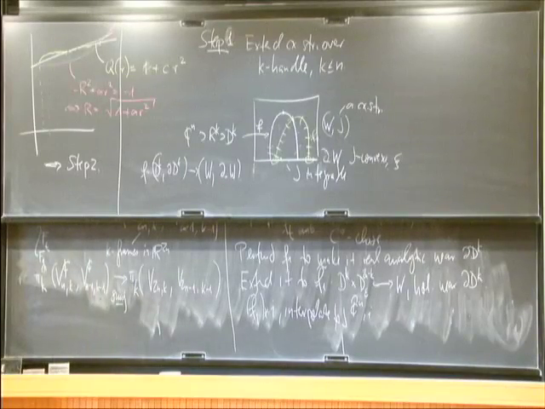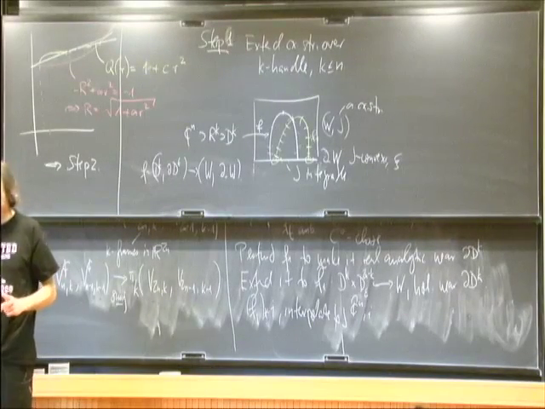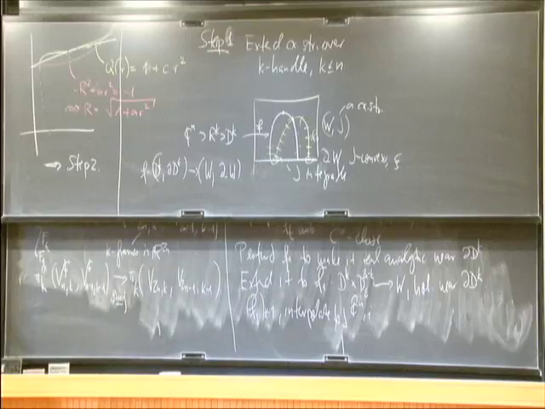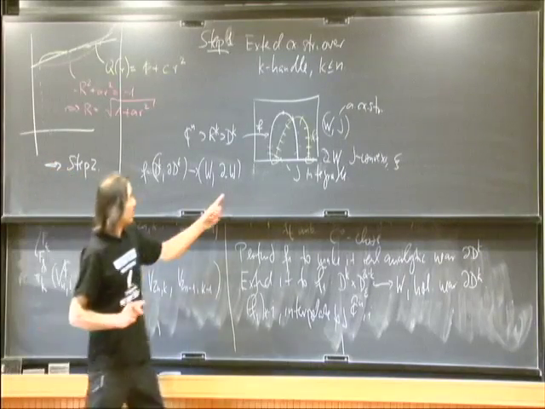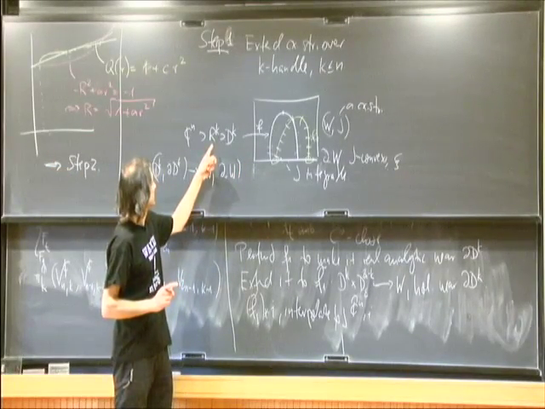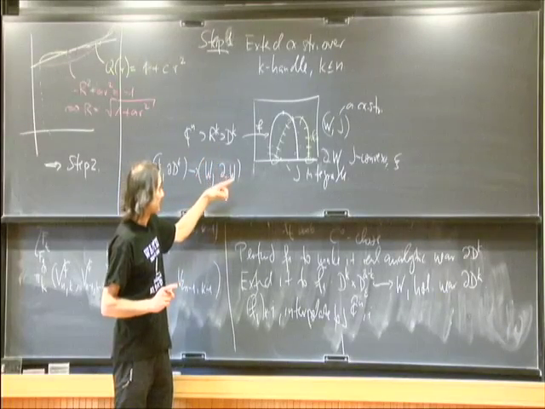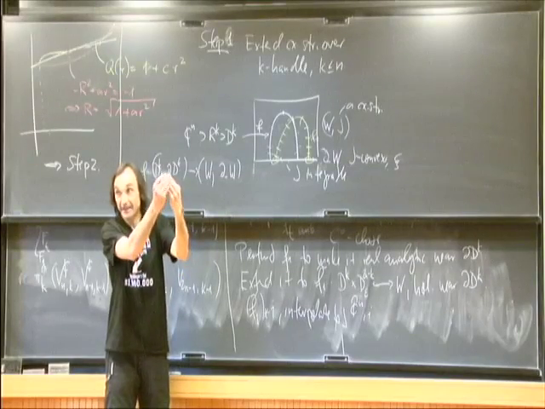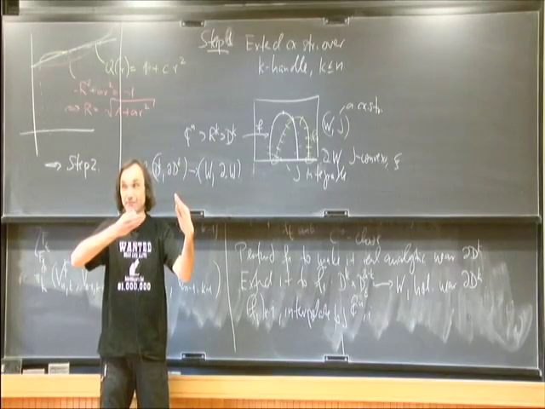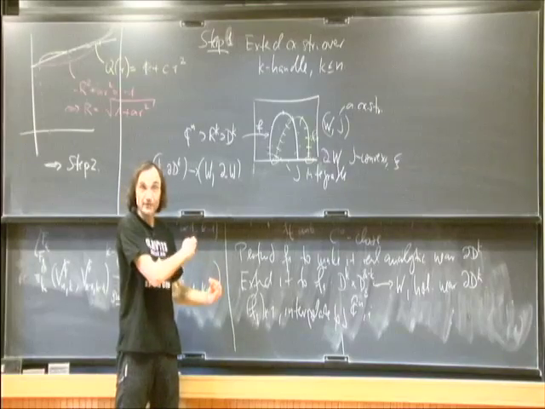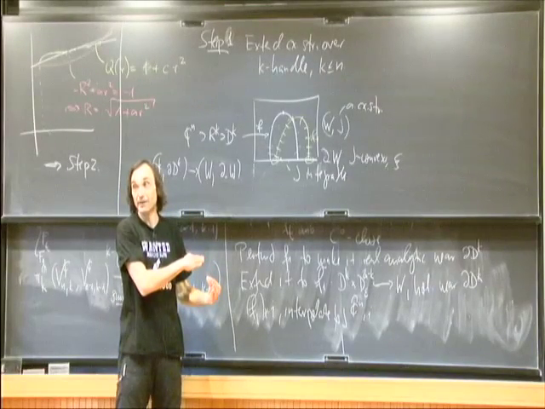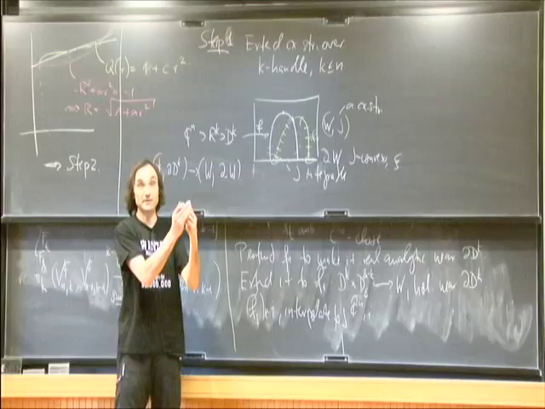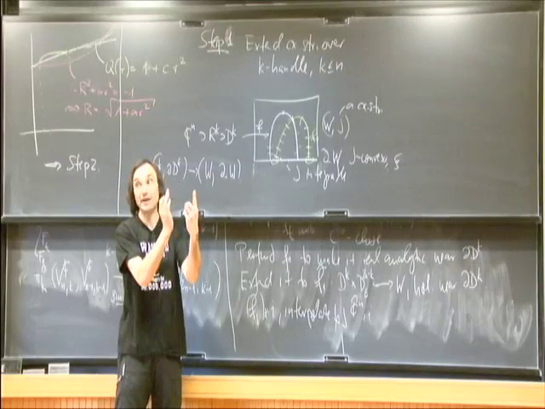So here you don't need k to be equal to n. Very good question. So I was slightly cheating here. What we actually do is we first extend everything from Rk to a little neighborhood of Rk in Rn, to make it n-dimensional. So everything I said is completely correct if k is equal to n. And if it's less, then we first extend it to a little neighborhood of Rk in Rn.